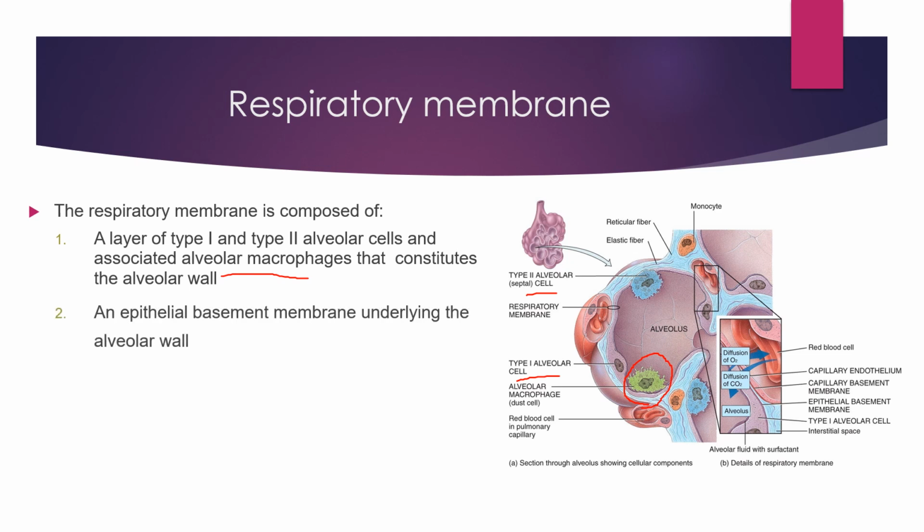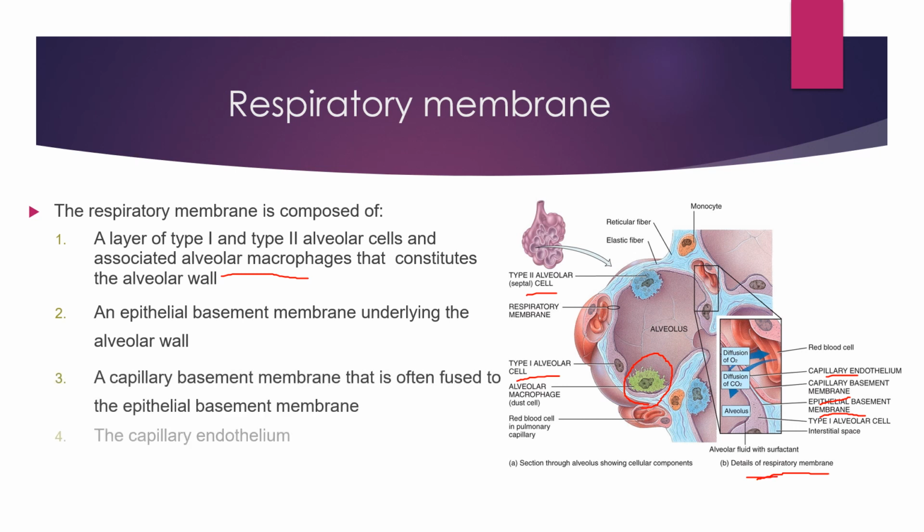When we take a close look at the respiratory epithelium, it consists of the epithelial basement membrane, capillary basement membrane, and the capillary endothelium. So this respiratory membrane plays a very vital role in the exchange of oxygen and carbon dioxide. So this is all about the respiratory membrane.